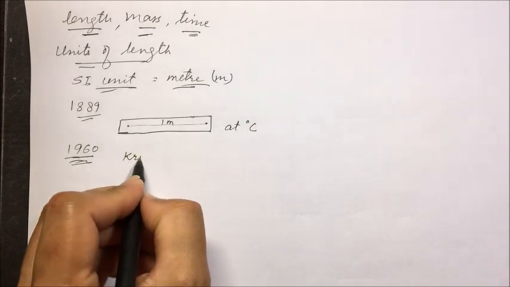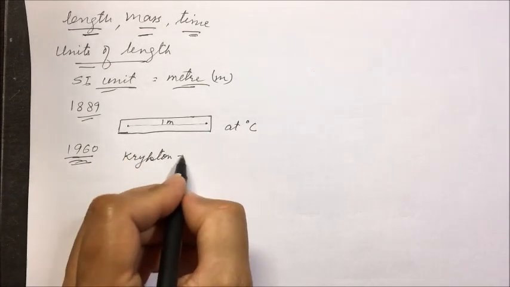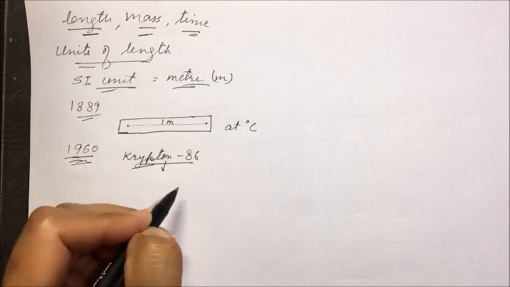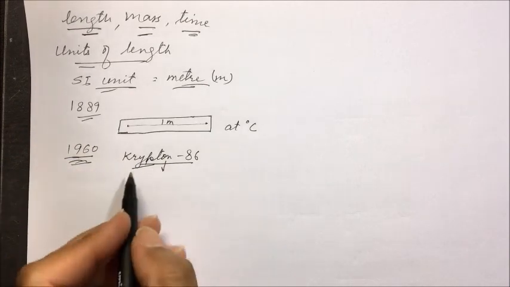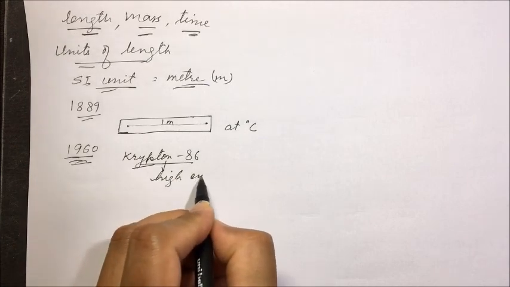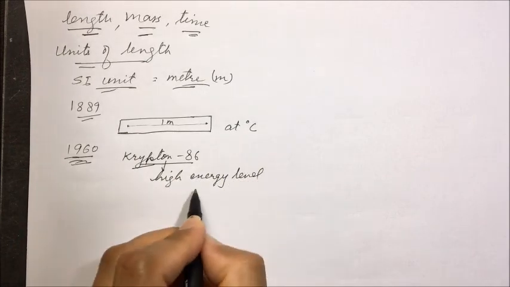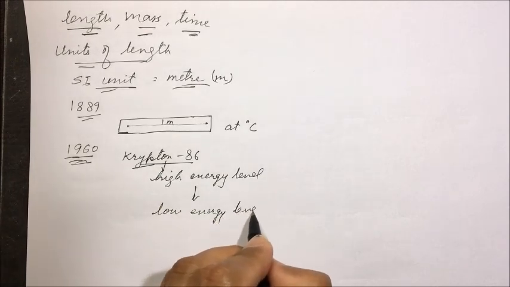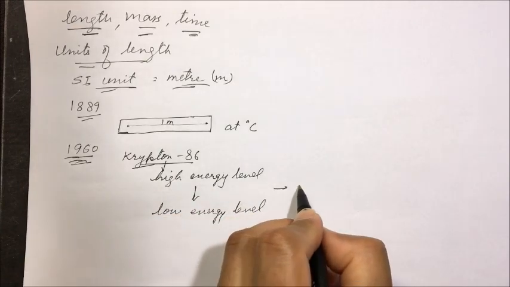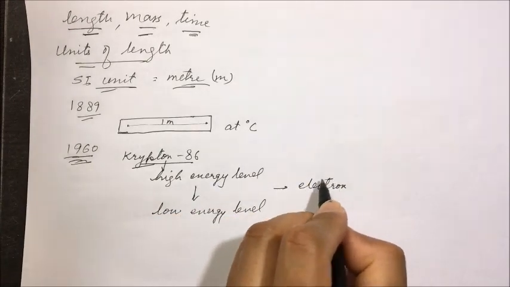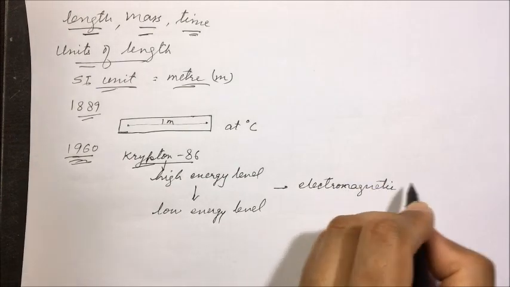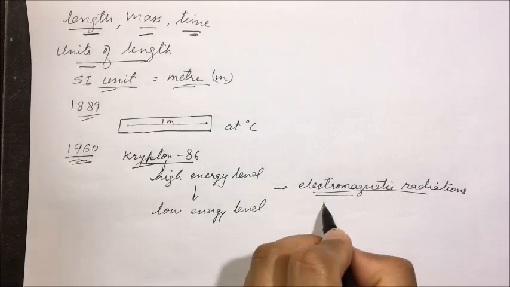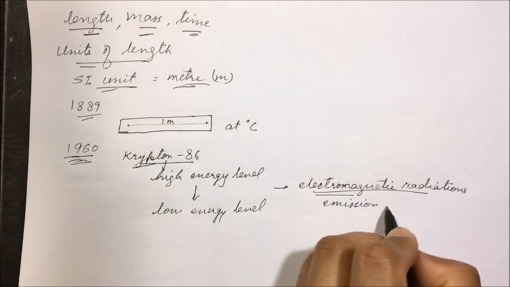We took Krypton 86, and when its atoms or molecules made a transition from a higher energy level to a low energy level, they emit electromagnetic radiations. And this we call the emission spectrum.